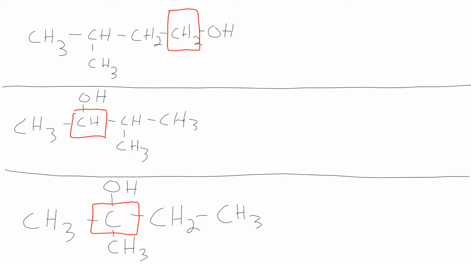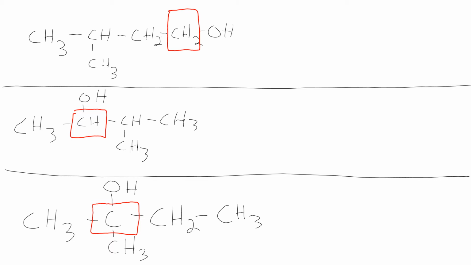Then, in order to determine what the classification is for each alcohol, whether it's primary, secondary, or tertiary, what we want to look at is how many carbons are directly attached to that carbon that we have boxed in. We box in the carbon with the OH. Now we're looking at how many carbons are directly attached to that.